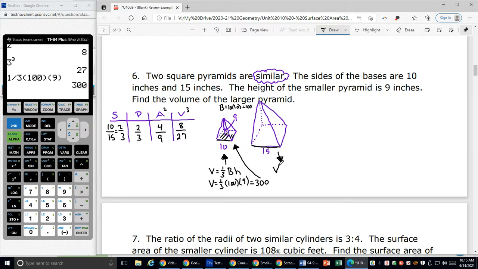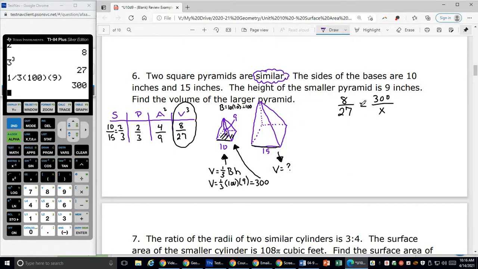And I'm trying to find out what is my large volume. I know my volume should reduce to 8 over 27. 8 is smaller than 27 because my small is on top, right? And my big is on the bottom. My small volume is 300. I want to know, what is my big volume going to be? This just needs to be cross multiplied.